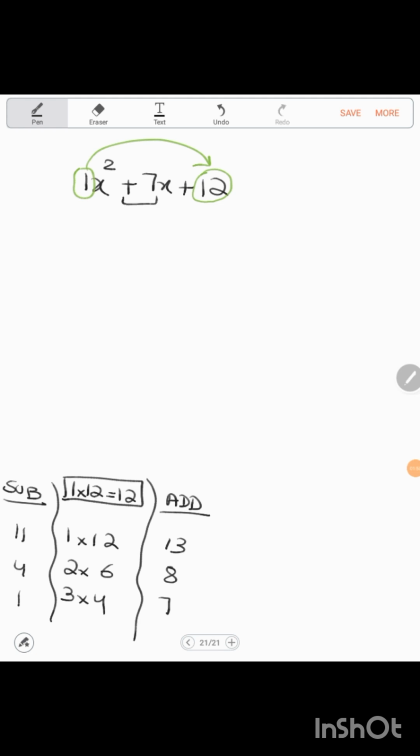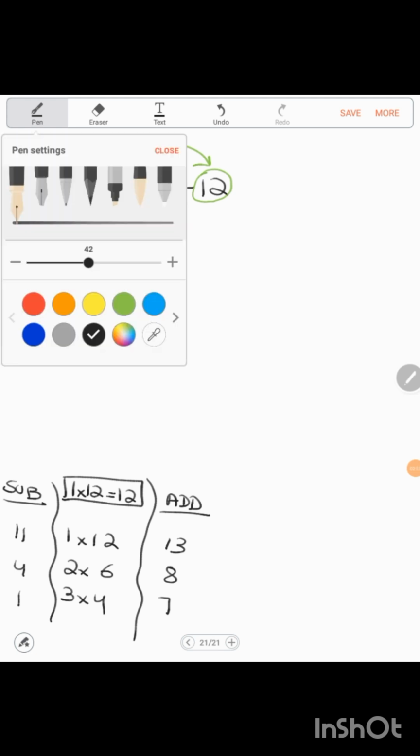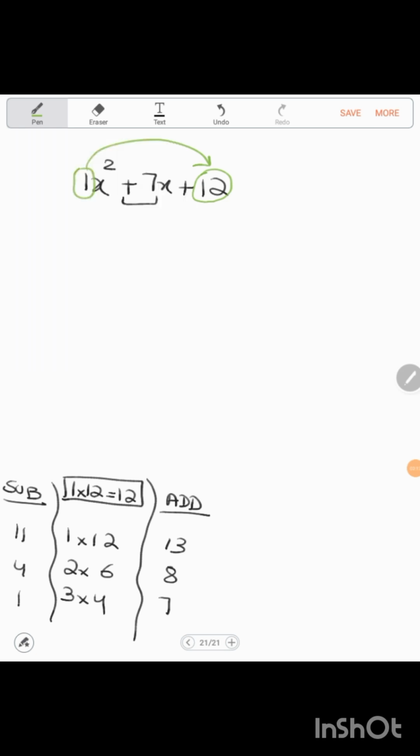Plus 7x. So you need to get positive 7. At which factors, whether adding or subtracting, are you getting positive 7? Over here. When you add 4 and 3, you are getting positive 7.